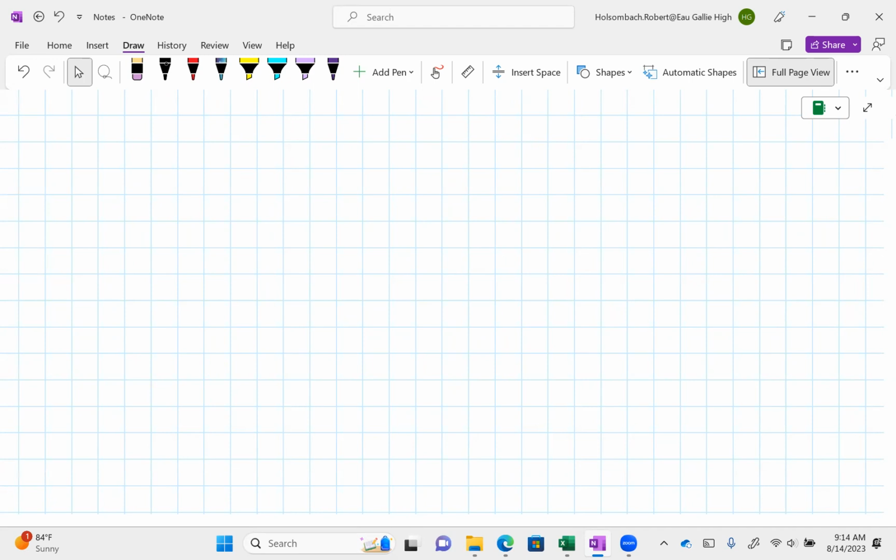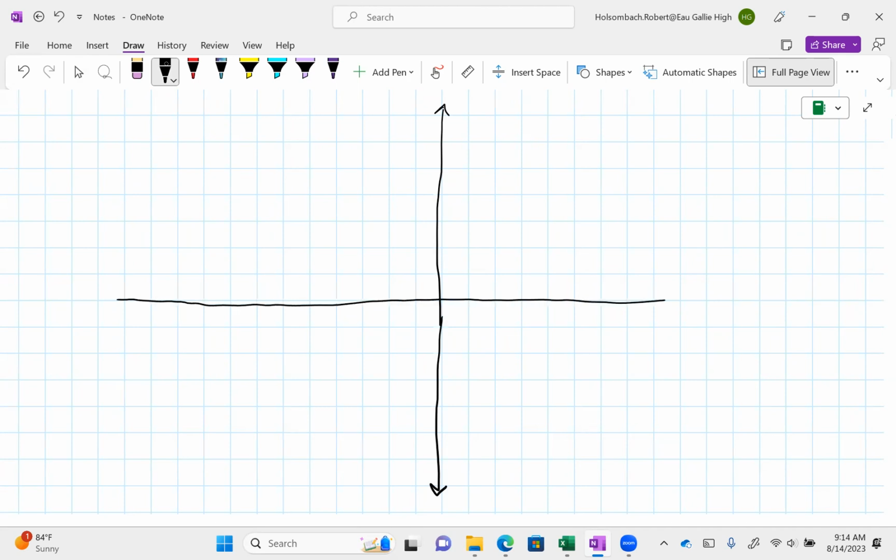So look, if you're asked to graph those points, then let's just sketch as neatly as you can. This is where that graph paper comes in handy, but if you don't have it, don't worry. Just as neatly as you can, a vertical line, and then a horizontal line through it. We've just created an XY axis.